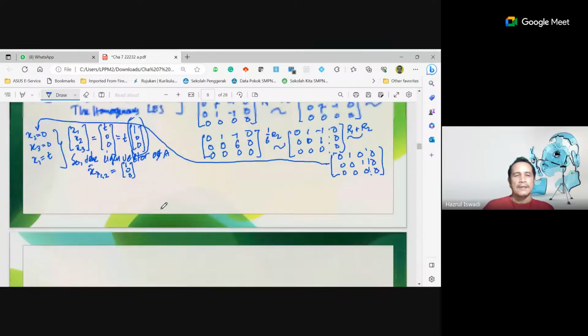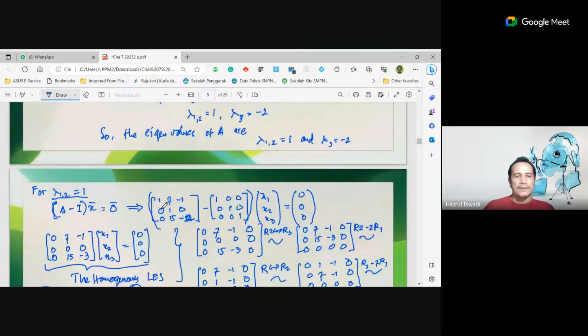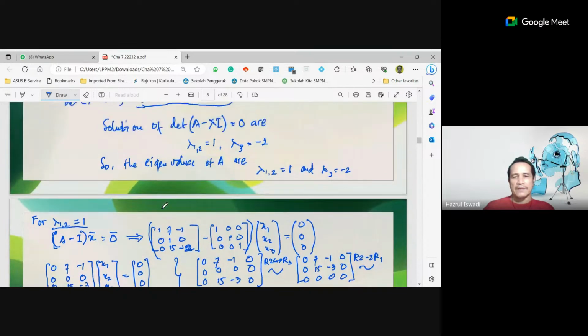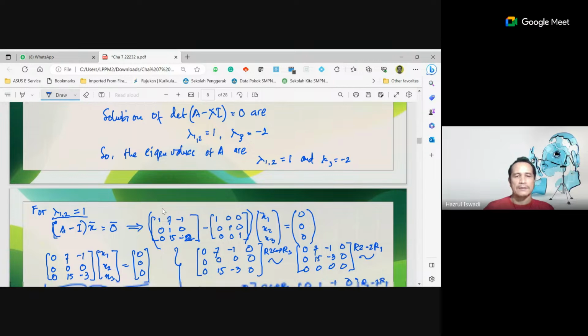Okay, now what is the other eigenvector? Because we have two eigenvalues, so we must find the second one.